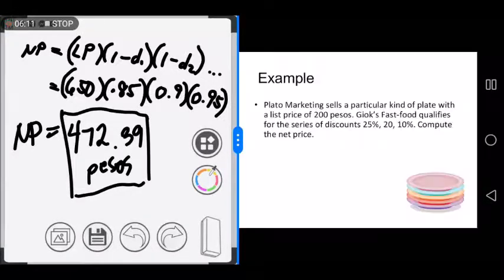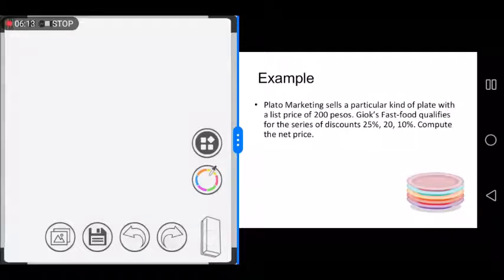Next, for our second example, Plato Marketing sells a particular kind of plate with a list price of 200 pesos. Giox Fast Food qualifies for the series of discounts 25%, 20%, and 10%. Compute for the net price.